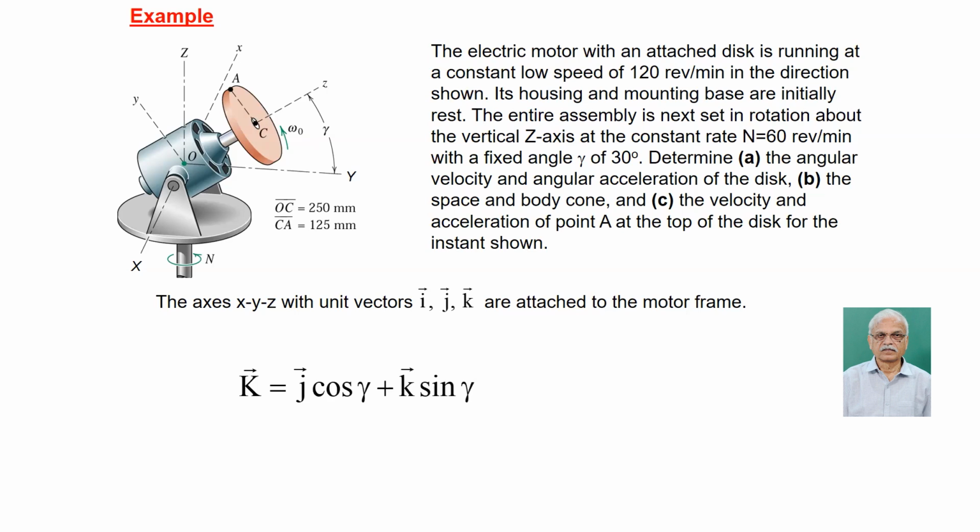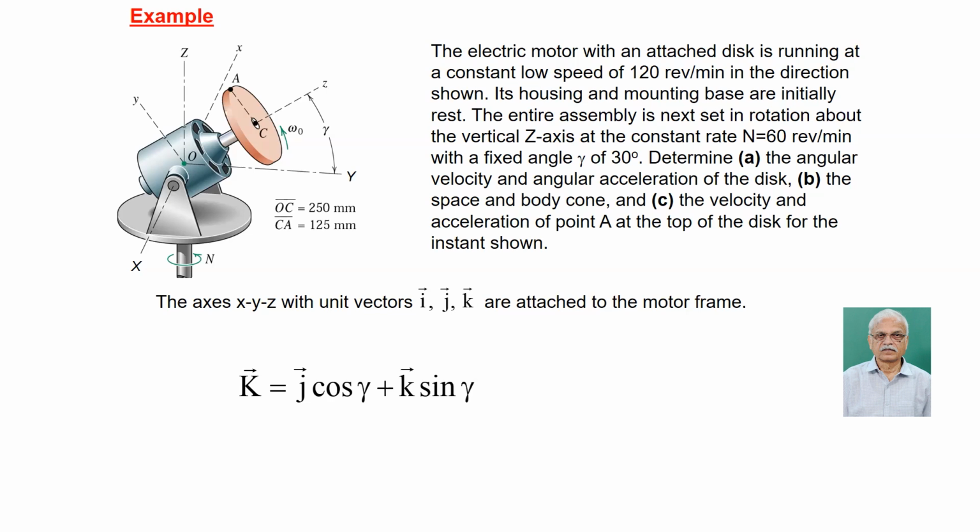It is exactly similar to the problem we have been discussing. Let me explain this problem. We have a disc attached to a motor, and the motor is spinning with a certain velocity given by 120 per minute.